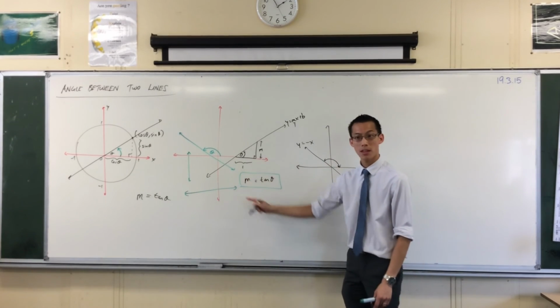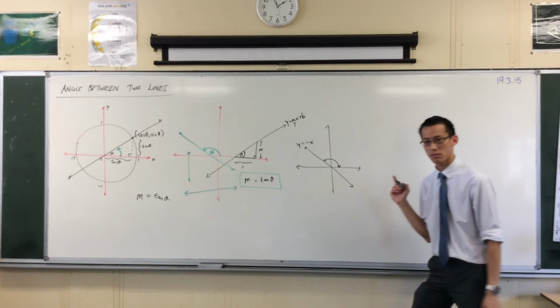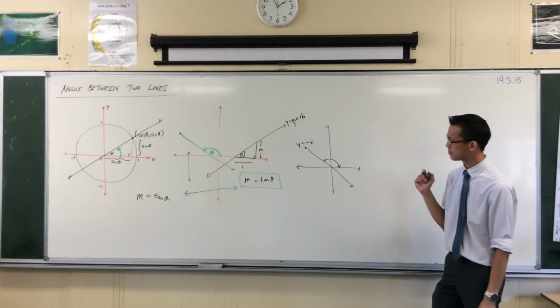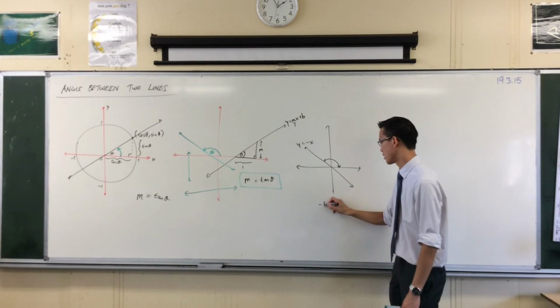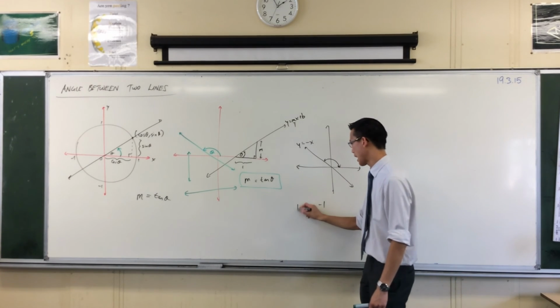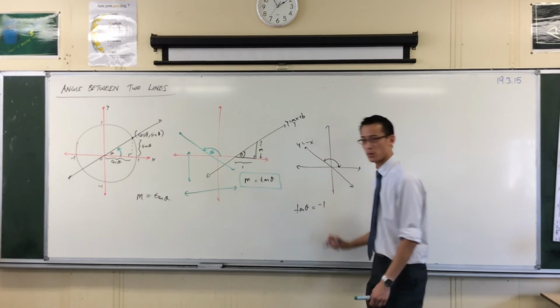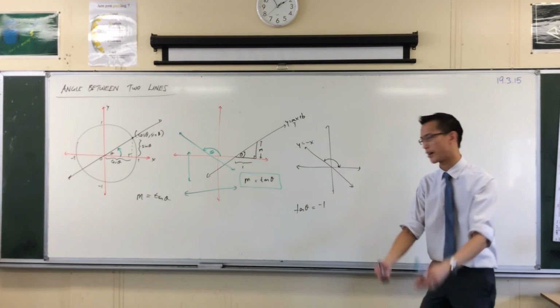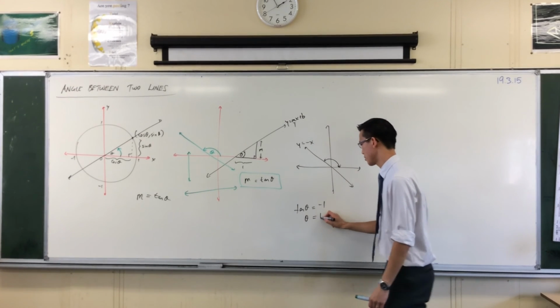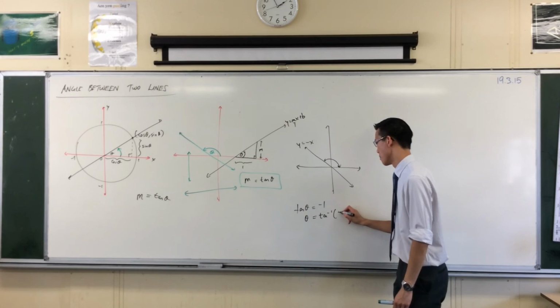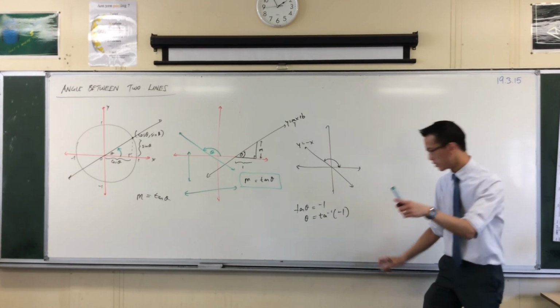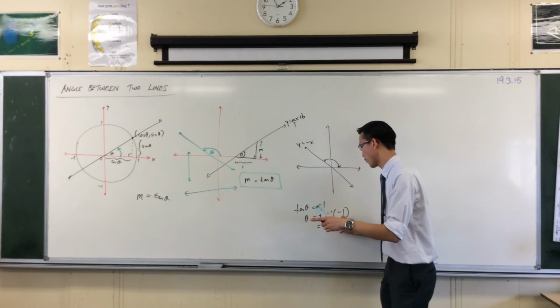By using this. What's m in this case? It's -1. So I would say tan of something is equal to -1. Now, if you reached for your calculator and used this Shift Tan button, it's going to tell you -45.